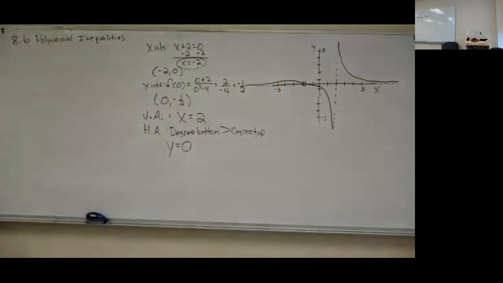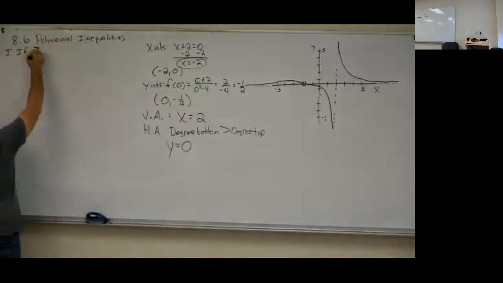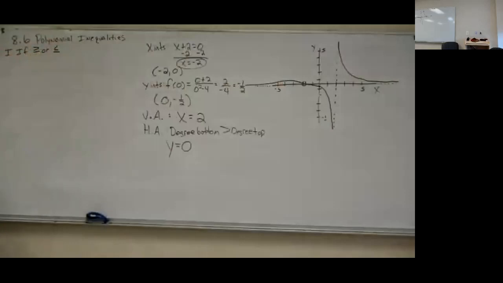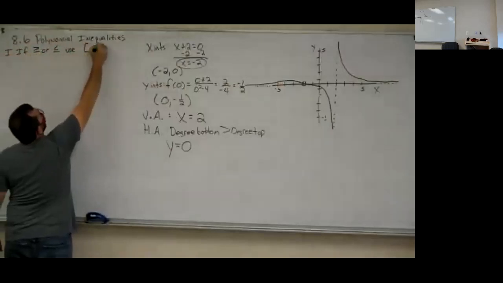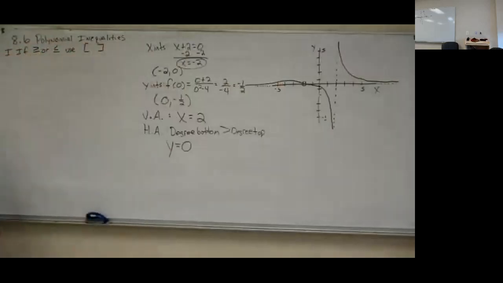Now, they're going to want me to write my answers in interval notation, okay? So I'm going to refresh y'all on a few things here. If your inequality has equals in it, so if it's greater than or equal or less than or equal, we got to use brackets, because the brackets mean that it does equal it and it can include that as a point, okay?